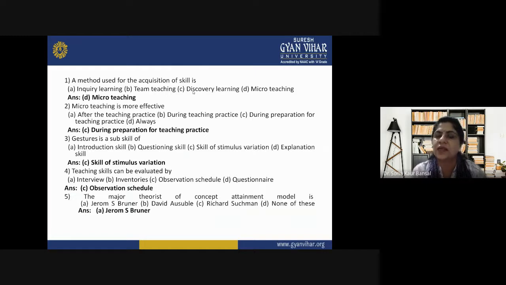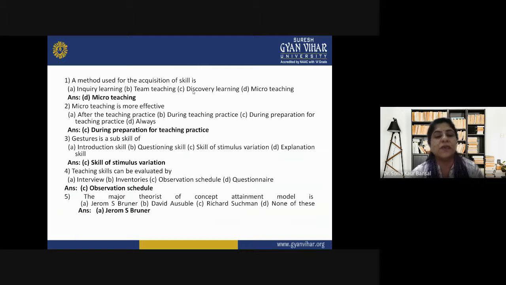So the correct answer is micro teaching. Micro teaching is more effective, students, when? A, after the teaching practice; B, during teaching practice; C, during preparation for teaching practice; D, always. So the correct answer is C, during preparation for teaching practice. So micro teaching must be planned in a very systematic way.